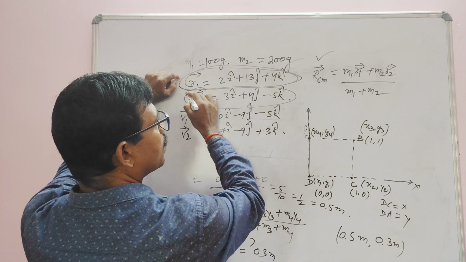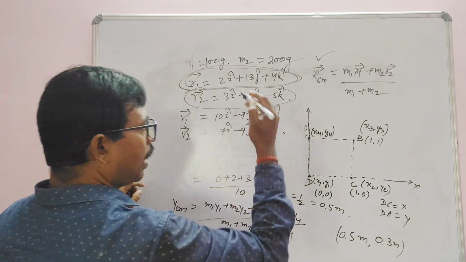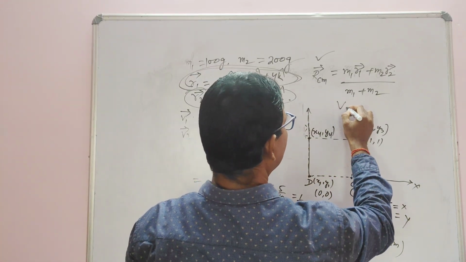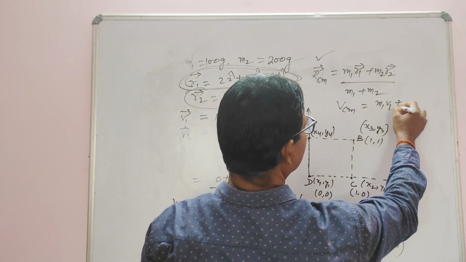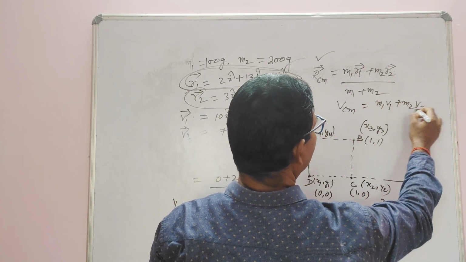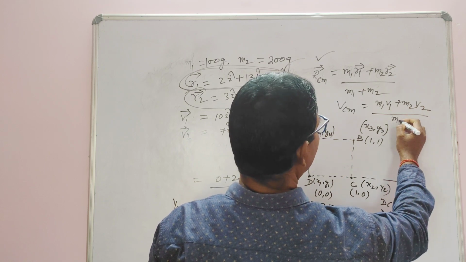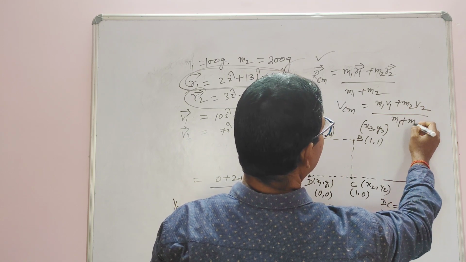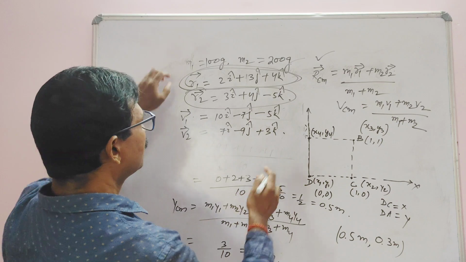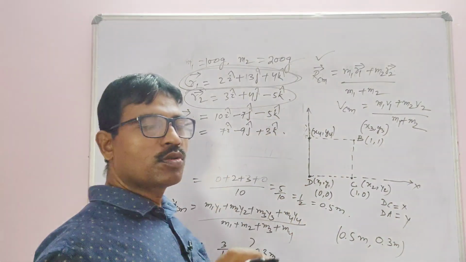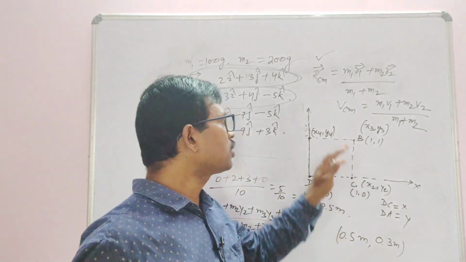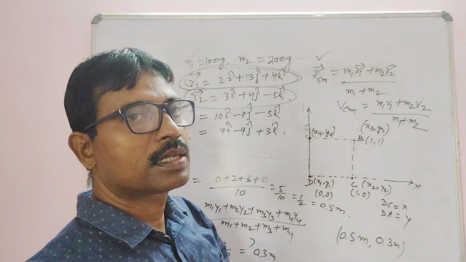After that, another formula to calculate the velocity of the center of mass: m1 v1 plus m2 v2 divided by m1 plus m2. Similarly, m1 with this one, then m2 with this one. You just simplify this and you will get the answer.